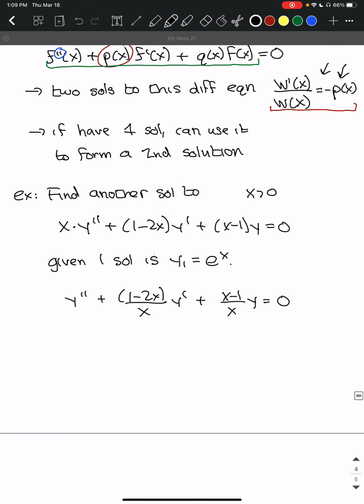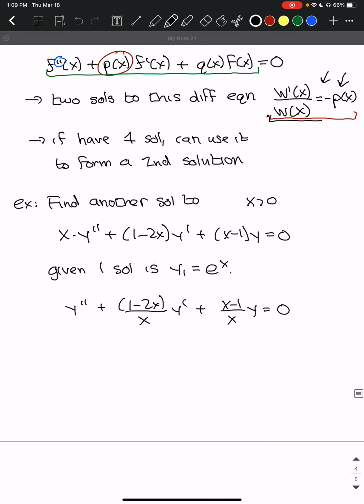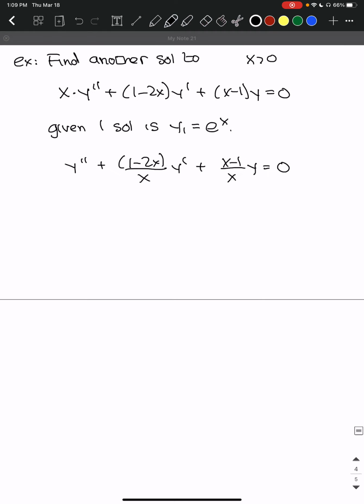And then I use the Wronskian equation up here to figure out the relationship between my Wronskian and my function p. So I have that w prime of x over w of x is equal to minus 1 minus 2x over x, which is equal to 2 minus 1 over x.